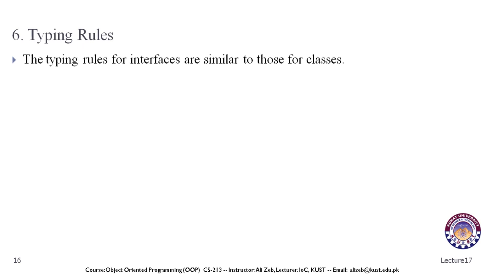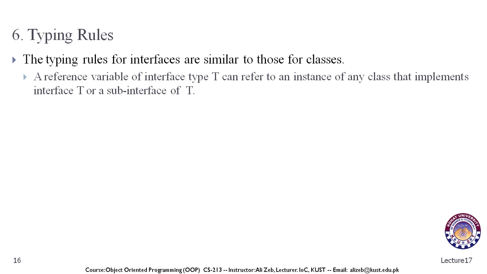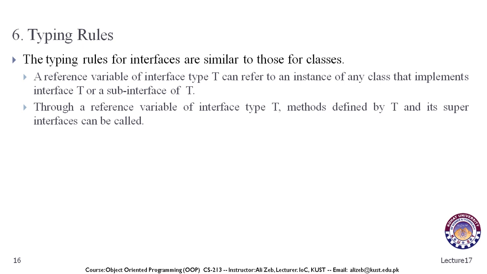Now the typing rules for interfaces are similar to those for classes. A reference variable of an interface type T can refer to an instance of any class that implements interface T or a subclass or a sub-interface of T. It is the same as when we inherit a class.